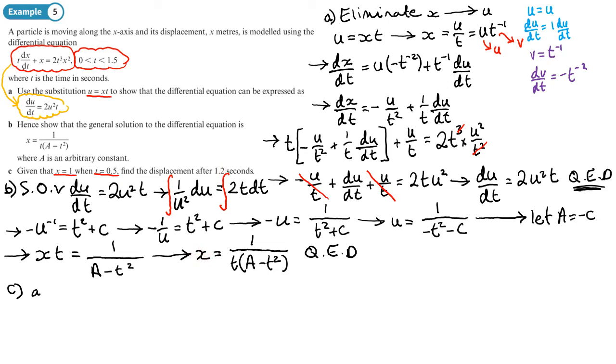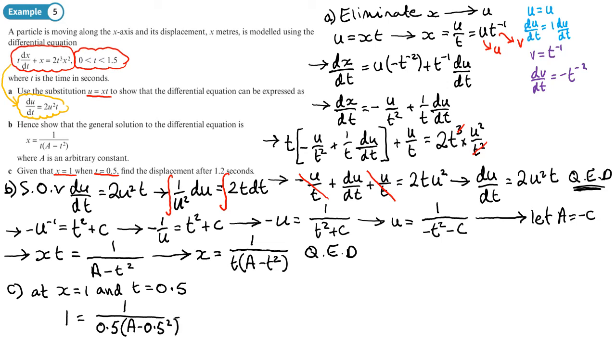Okay, so let's just write down at x equals 1 and t equals 0.5, we will have 1 equals 1 over 0.5 times a, our arbitrary constant, minus 0.5 squared.